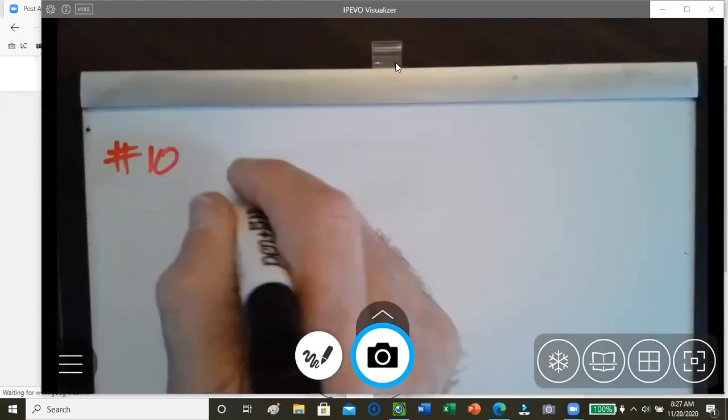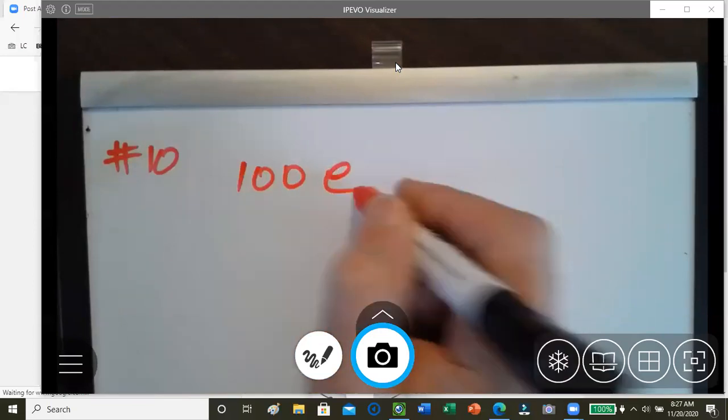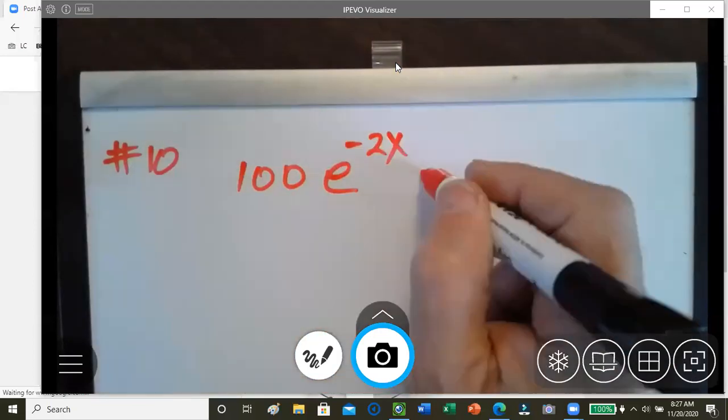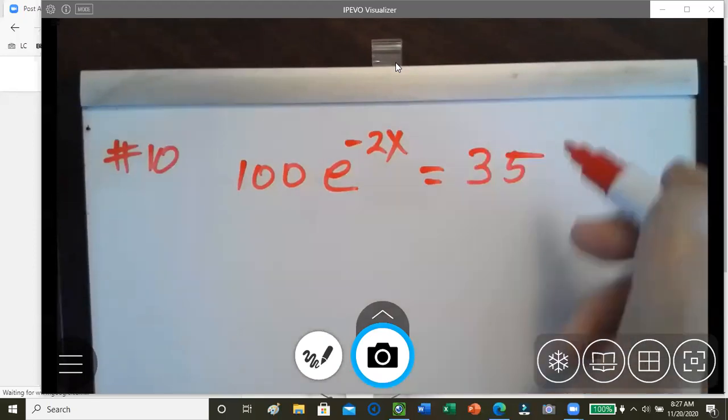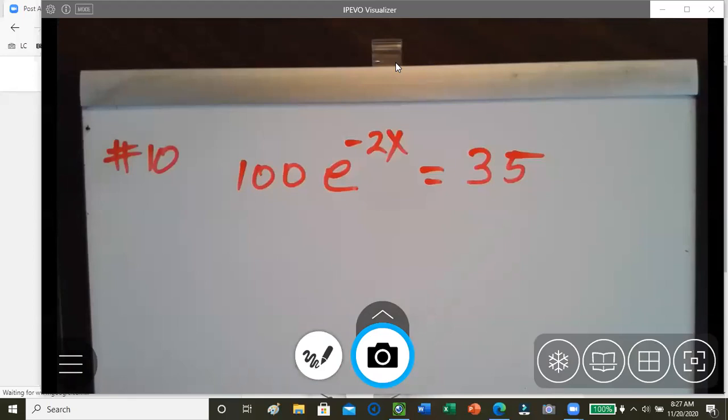Okay, we've got 100 e to the negative 2x power equals 235. Okay, so let's exit and come back, and we'll continue with this.